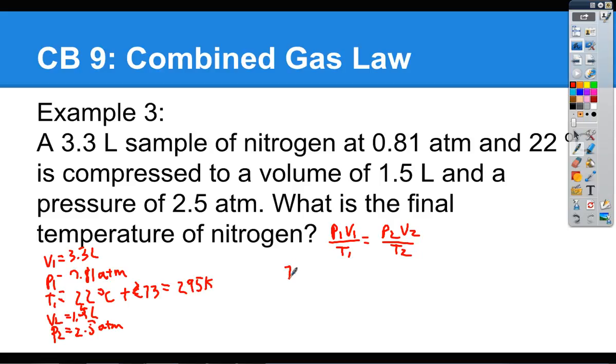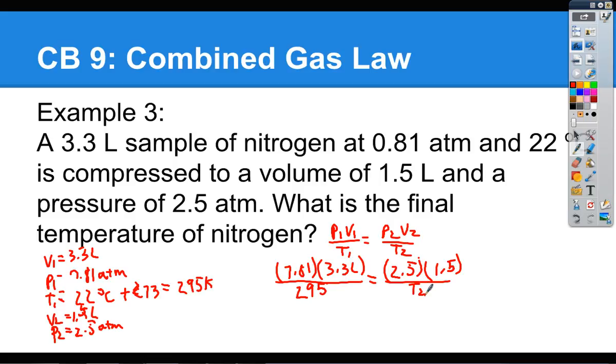We're going to have 0.81 atmospheres times our V1, 3.3 liters, divided by our T1, 295, equals our P2 of 2.5 times our V2. V2 was 1.5 liters, over our T2.